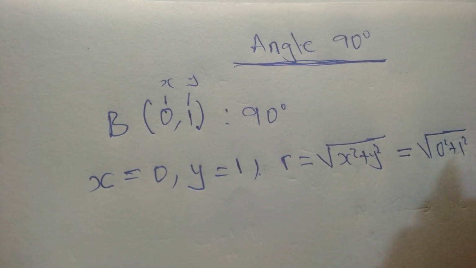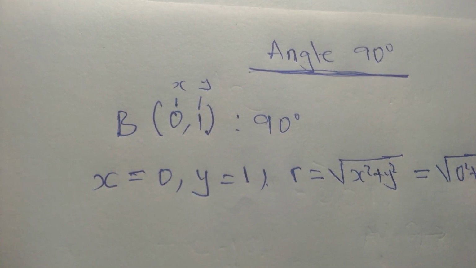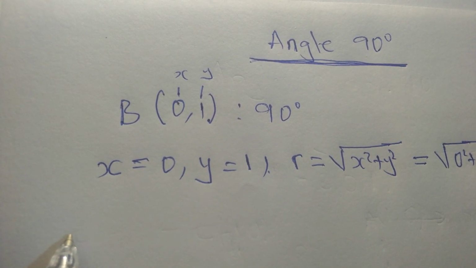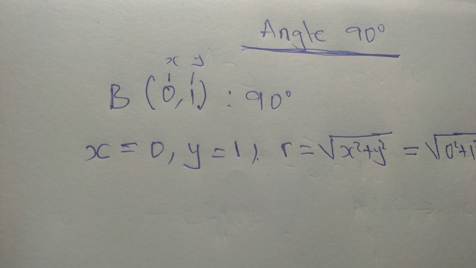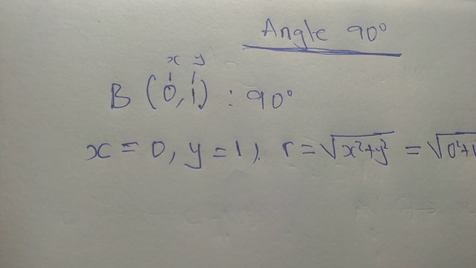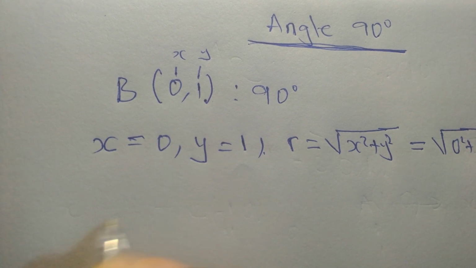So my r is 1. With these values, I can also obtain the six trig functions of 90 degrees.